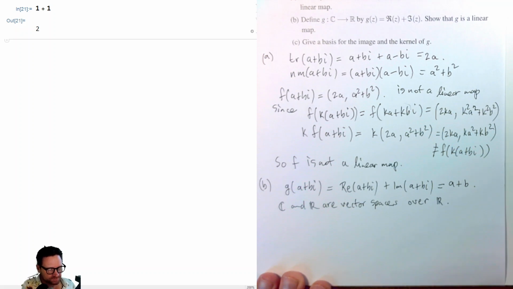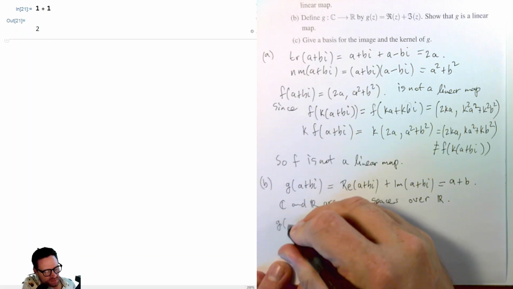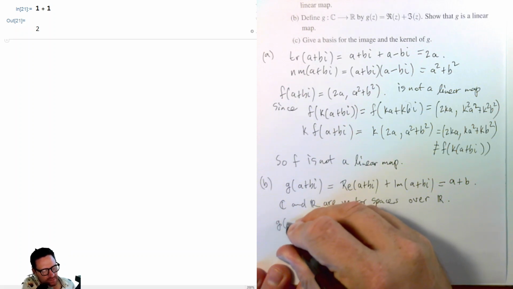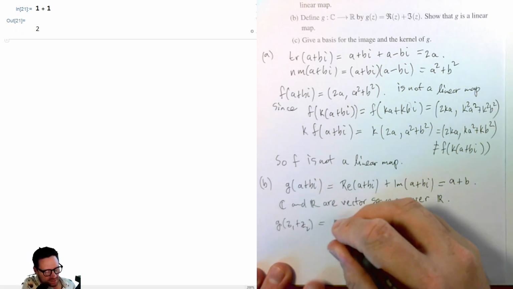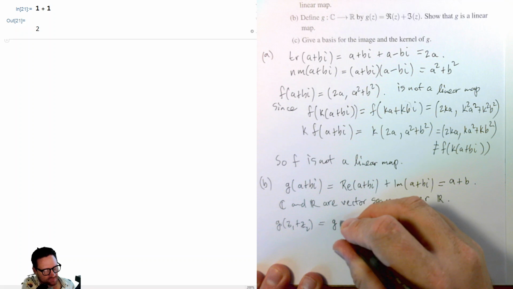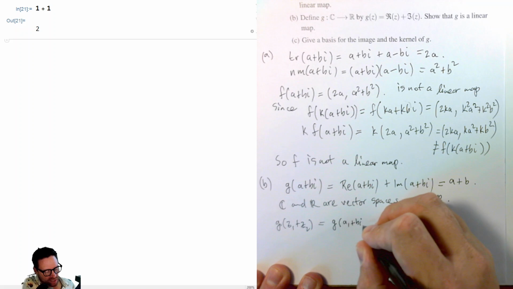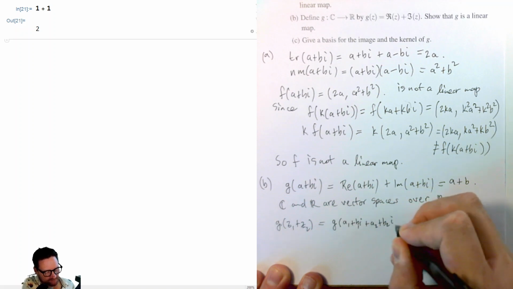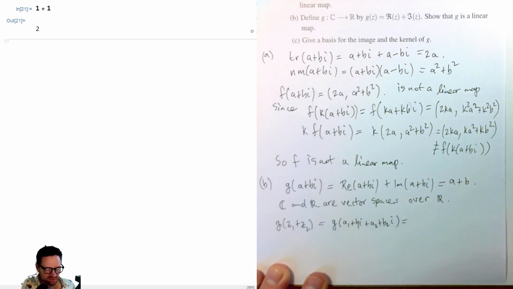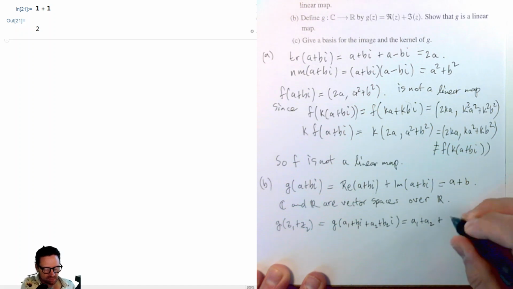Okay, now let's do the additive property. So G of Z1 plus Z2 is equal to G of A1 plus B1I plus A2 plus B2I, which is A1 plus A2 plus B1 plus B2.